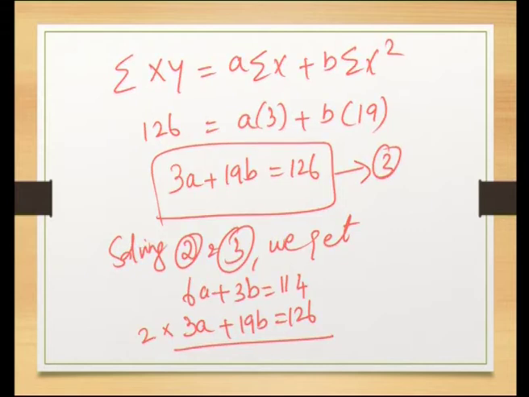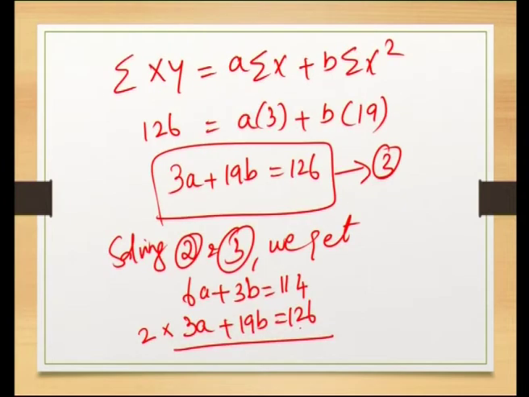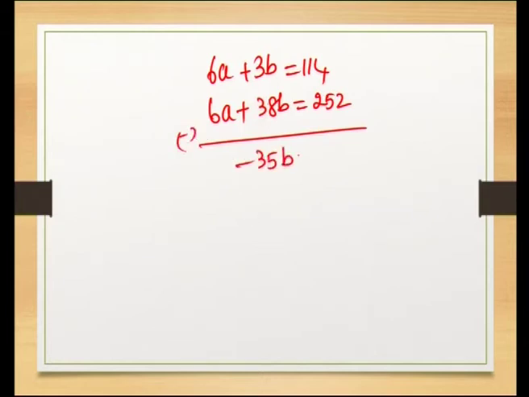We get 6a plus 3b is equal to 114 and 6a plus 38b is equal to 252. Just subtracting, we get minus 35b is equal to minus 138.